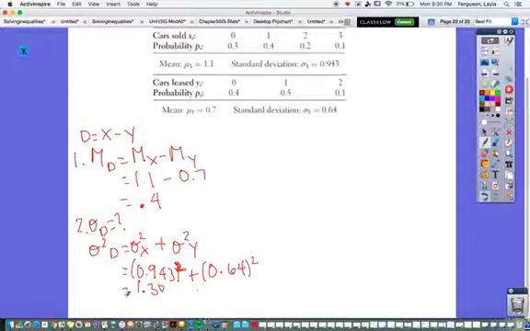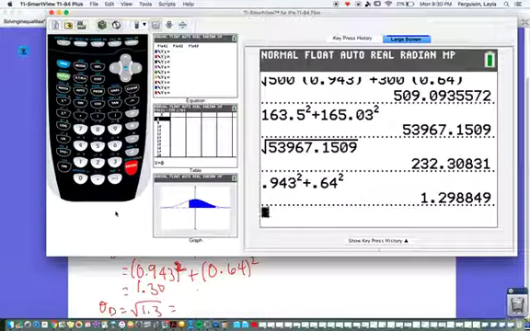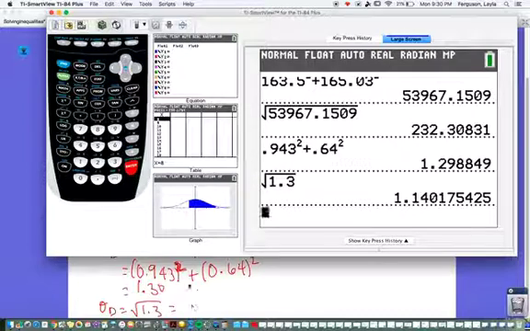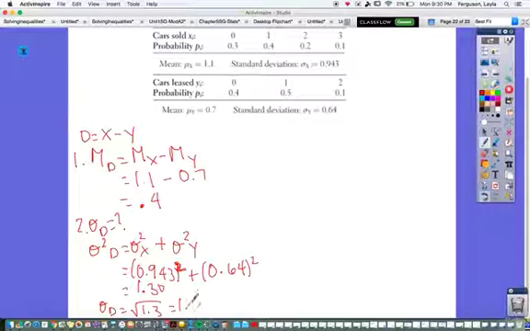But that would be the variance, not the standard deviation. So to find the standard deviation, you would take the square root of 1.3. So the square root of 1.3 would be 1.14.